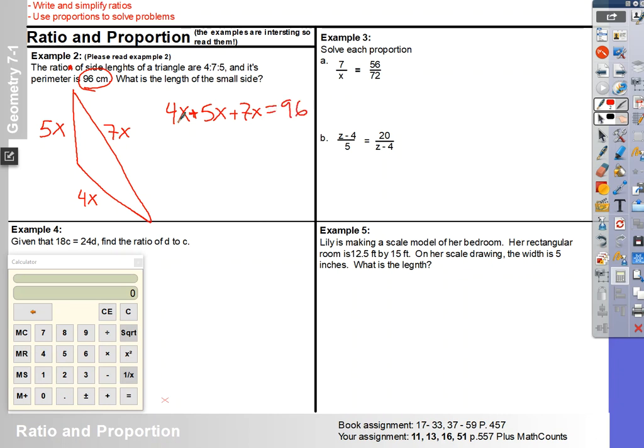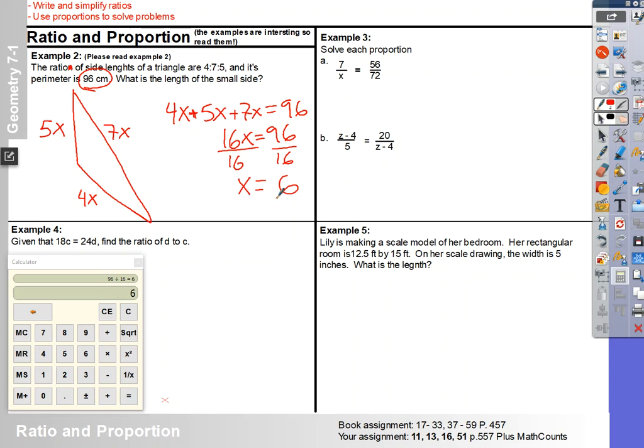Now, obviously, when I add 4x plus 5x plus 7x, I get 16x. All right, so I have 16x is equal to 96. The opposite of multiplying by 16 is dividing by 16. So divide by 16, divide by 16. And I get my scale factor is equal to 96 divided by 16, 6.